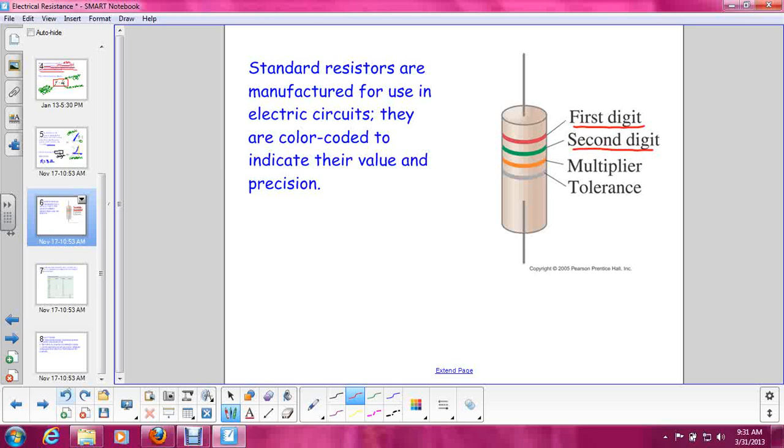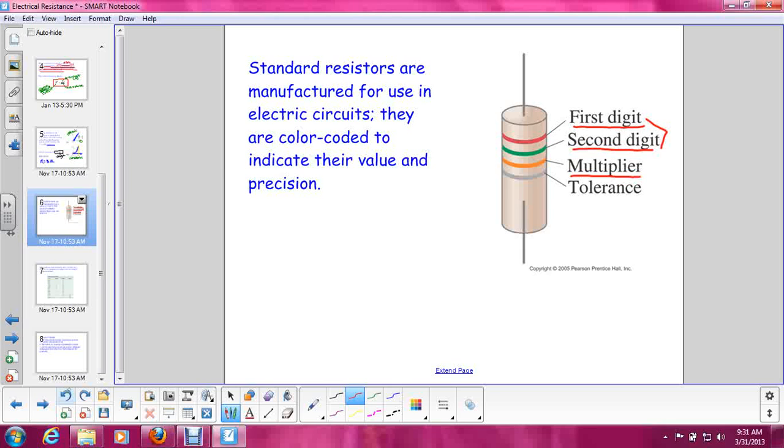So you would go to your chart, find the color red, whatever number corresponds with red, that's your first digit. Go to green, whatever number corresponds with green, that's your second digit. The next one is orange, and that is your multiplier. So that will tell you times 10 raised to some number. If it's times 10 raised to the third, that means you take whatever number this is and multiply by 1,000.